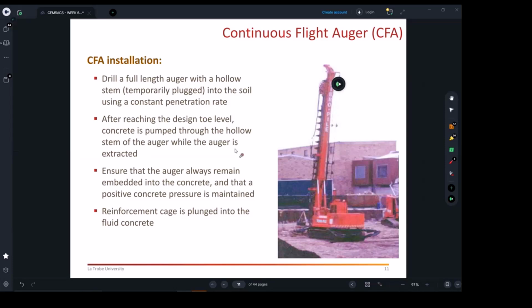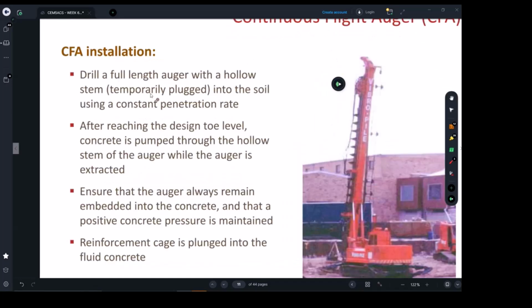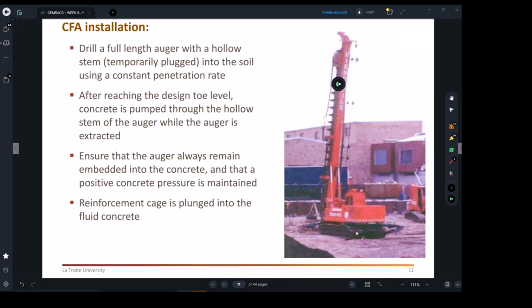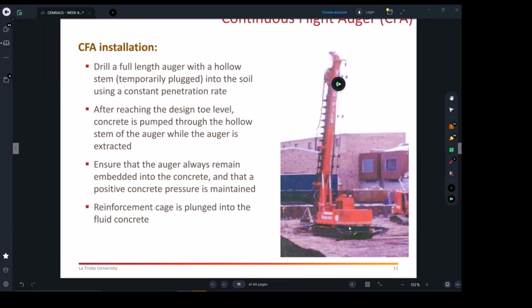Right, on this slide we're still talking about bored piers, but in this case you will have many situations where you don't experience stiff clay that holds to itself, and the hole you're digging will start collapsing on itself. So what I briefed you on last week: in this case, your auger machine or equipment will be associated with a pump in the middle.